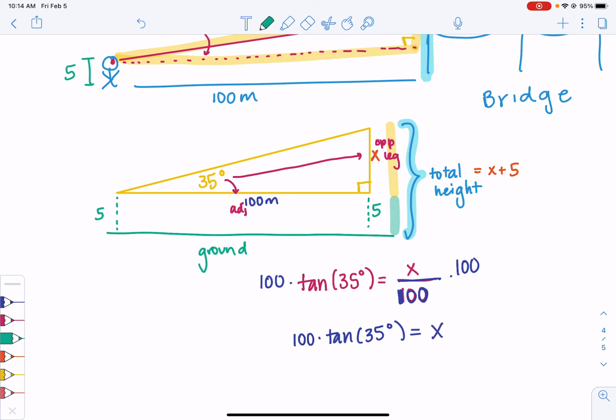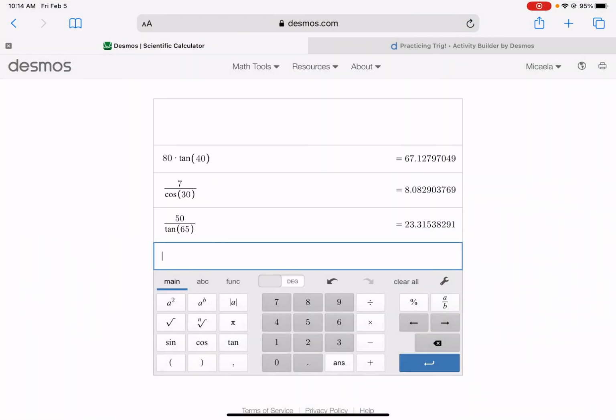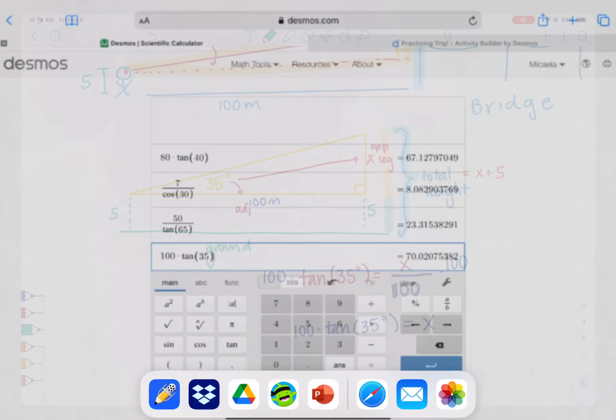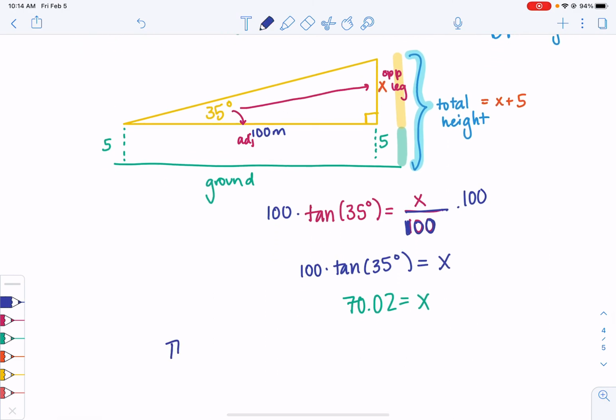Yep, it's alone, so now we use our calculator. 100 times tangent of 35. 70.02. 70.02 equals x.